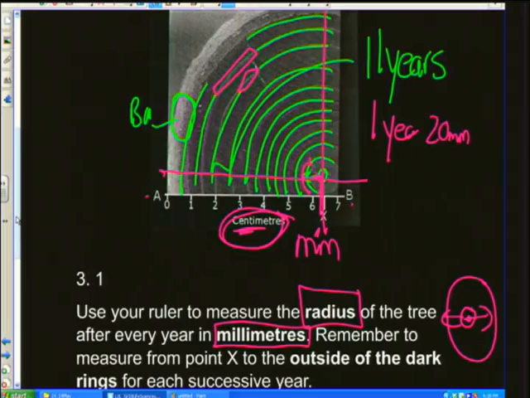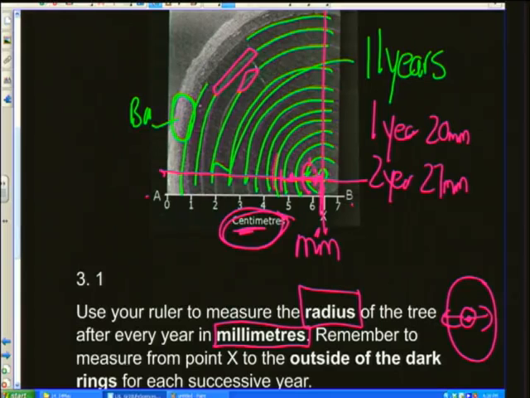Each time from X. Let's go to ring 2. There's ring 2. There we go. I'd say second year, I would say 27 millimeters. And so I would go for every single one, from X every single time.